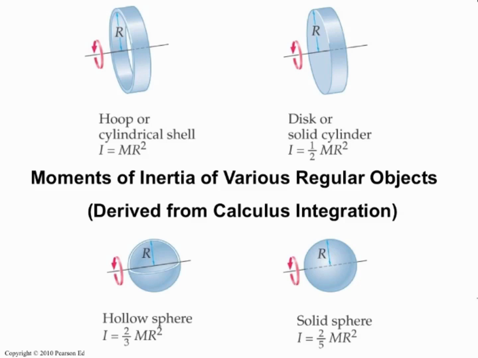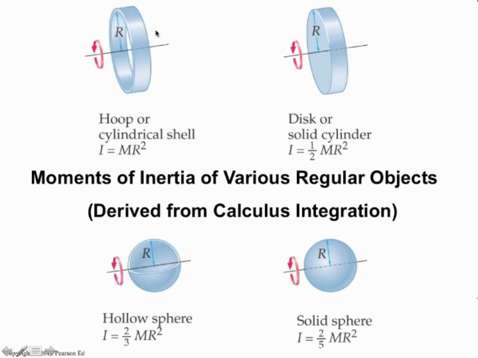On a test, I would definitely give you this information. These aren't formulas to memorize. But the neat thing to point out in this slide is that for any regular shape, you can calculate the moment of inertia using calculus integration. And you can see, let's just look at these two at the top.